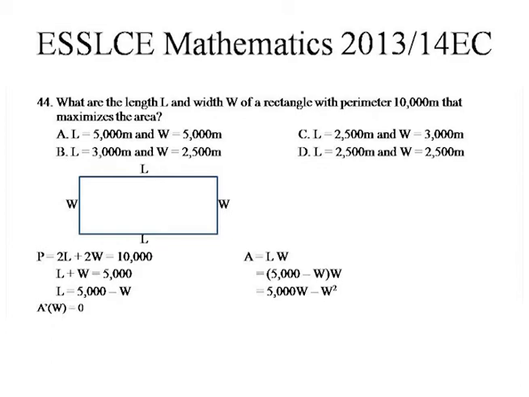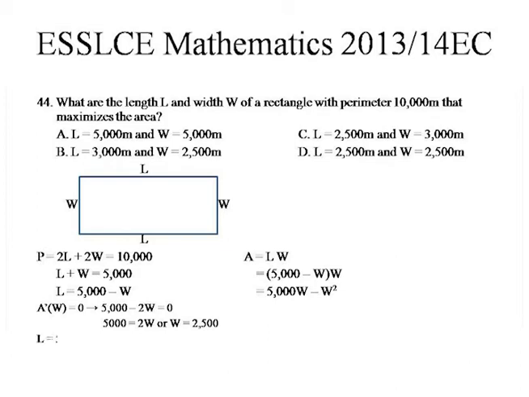So the area function, that's 5,000 W minus W squared, has to be differentiated: the derivative of 5,000 W is equal to 5,000 minus the derivative of W squared is equal to 2W, which is equal to 0. Taking 2W to the other side of the equation, we will find 5,000 is equal to 2W, meaning W is equal to 2,500.